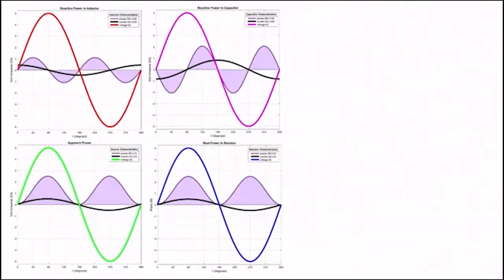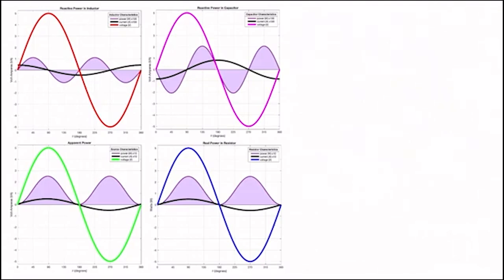Okay, now again using MATLAB we can solve for the power across each of the circuit elements, and the real power across the resistor is shown in the lower right box.